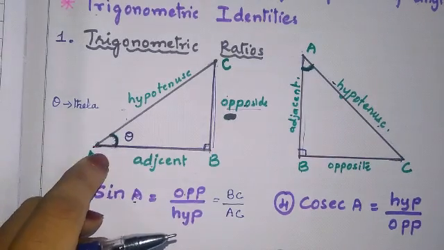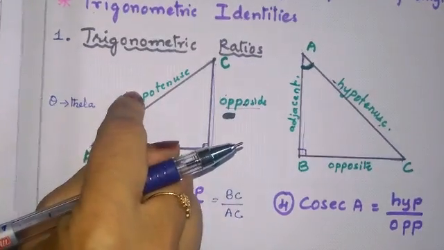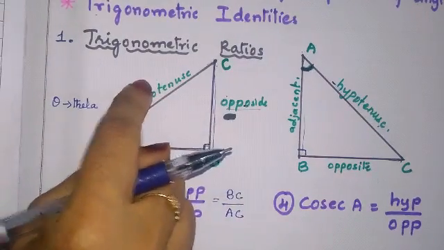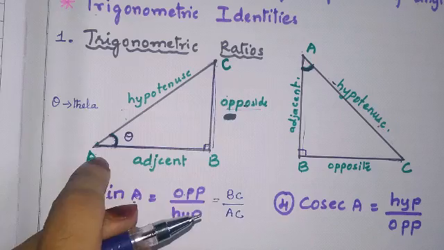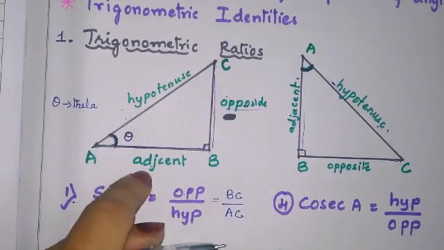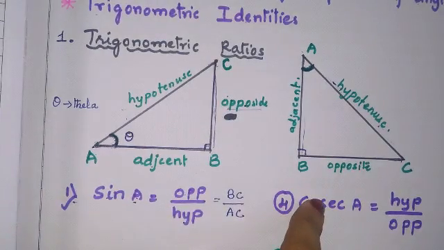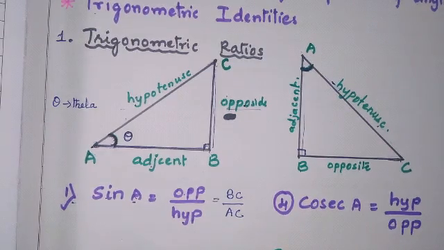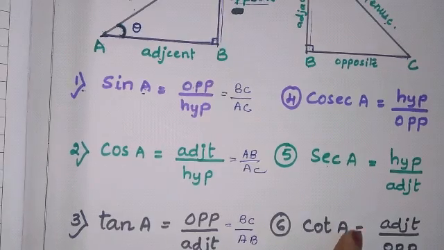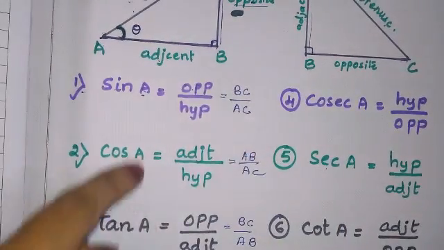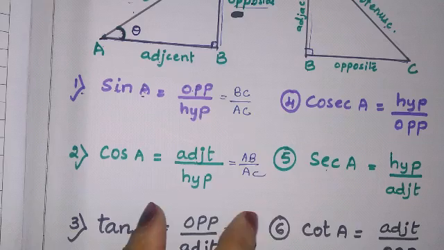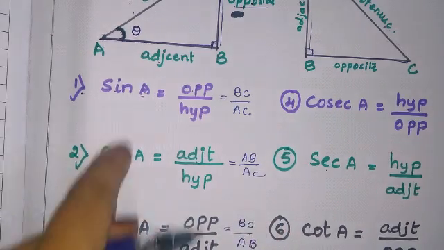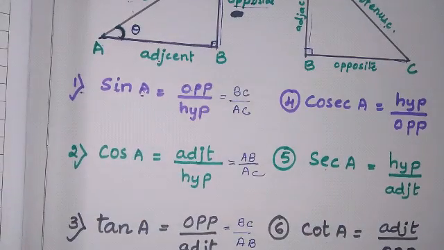So sine is always opposite upon hypotenuse, cos is always adjacent upon hypotenuse, and tan is always opposite upon adjacent. Sine is a reverse of cosec, cos is a reverse of sec, and tan is a reverse of cot. These are the 6 trigonometric ratios, and trigonometry of class 10 is based completely on these 6 trigonometric ratios.